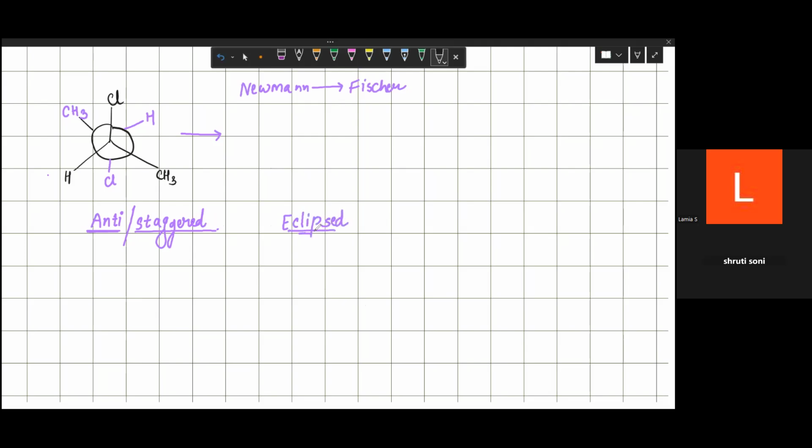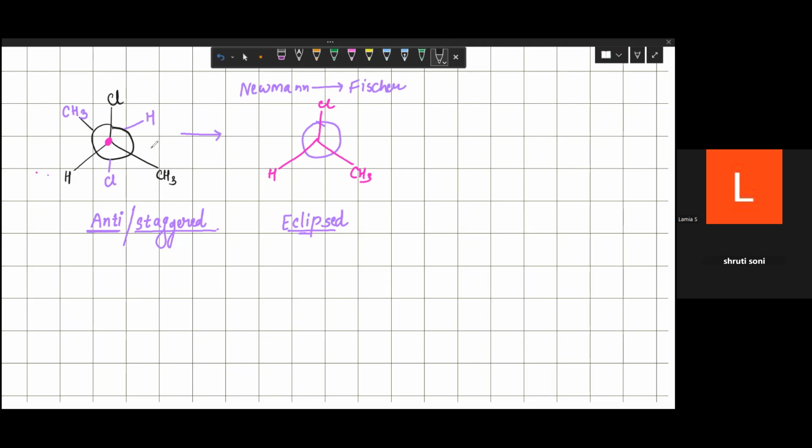So how will I do that? Firstly, I need to add, let's suppose, this is chlorine, hydrogen, and CH3. What I need to do is represent this pink carbon as it is, and turn these carbons into a different form.